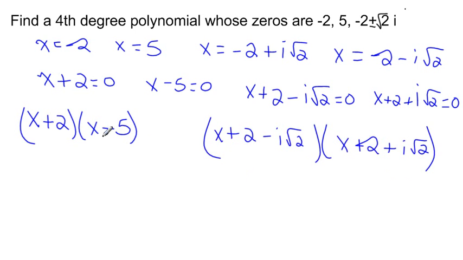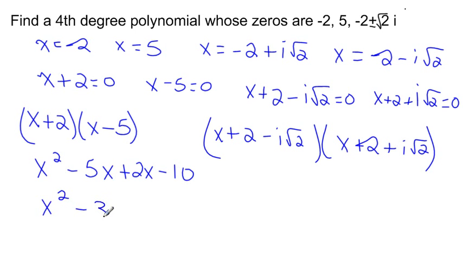Alright, so this is very easy to do. If we expand this one out on the left-hand side here, we're going to get x squared minus 5x plus 2x and then minus 10. So that becomes x squared minus 3x minus 10.